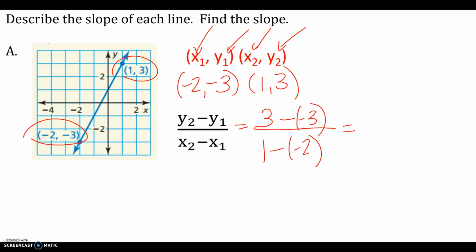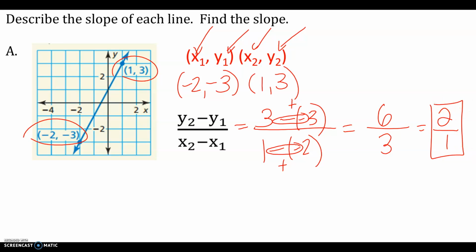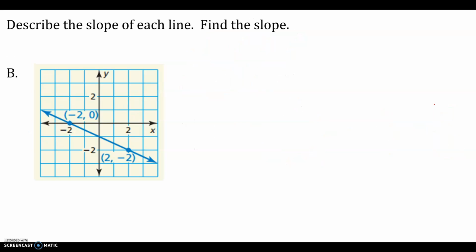If we condense this, minus and minus becomes positive, so it's positive 6. And then negative also becomes positive, so 1 plus 2 is 3. Oh, look, 2 over 1. This is the long way to do it, but sometimes you have to if I don't give you the graph.